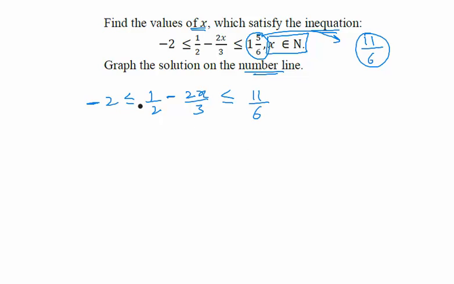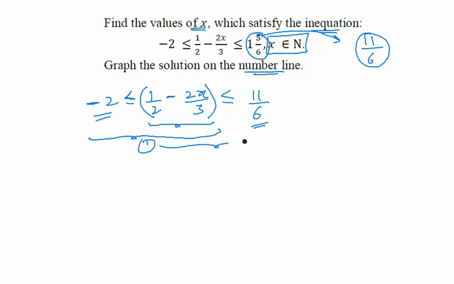Now, one thing that you should observe is that the variable x appears only in the middle term. The two extreme terms are constant values. So in this question, we need not break it into two different inequalities, first inequality and second inequality. There is no need to do this. We can just begin solving this question something like this.